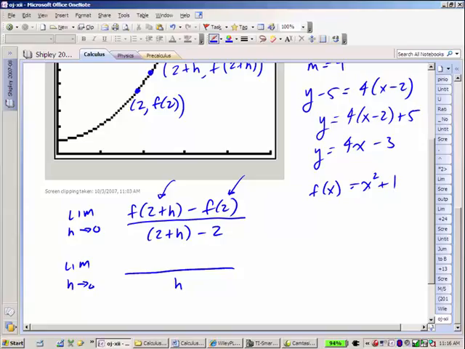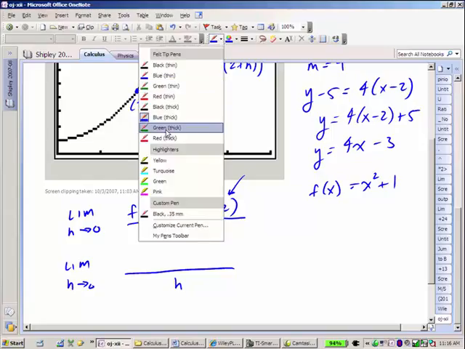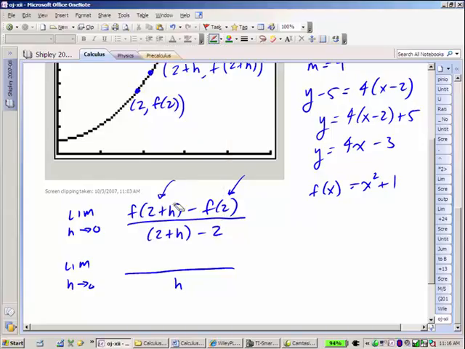Okay, so, Mike, when the input is 2 plus h, I'm going to do this f of 2 plus h in green.